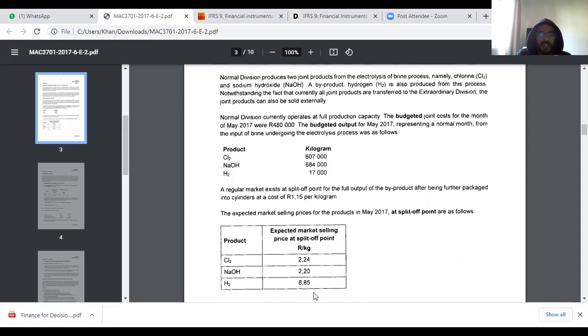That will give you 770. So that's 770 multiplied by 17,000 kilograms. That is the net sales from the byproduct. You take the net sales and you reduce the joint cost of 480 to get net joint cost. We will use the net joint cost to allocate between chlorine as well as sodium hydroxide. Okay, so just take note of that.